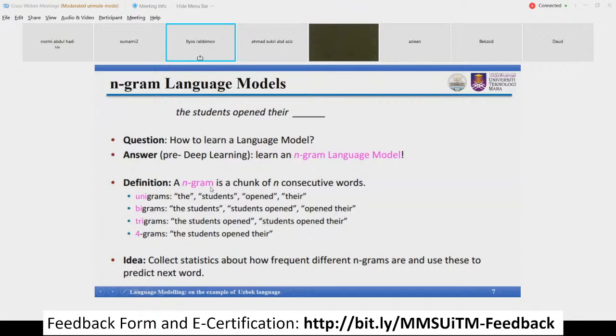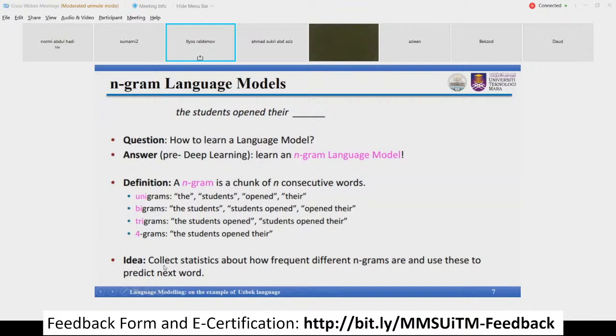An n-gram is a chunk of n consecutive words, and they are called unigrams, bigrams, trigrams, and 4-grams. Unigrams consist of one word: the, students, open, there. Bigrams consist of two words: the students, students open, open there. Trigrams consist of three words, and 4-grams consist of four words.